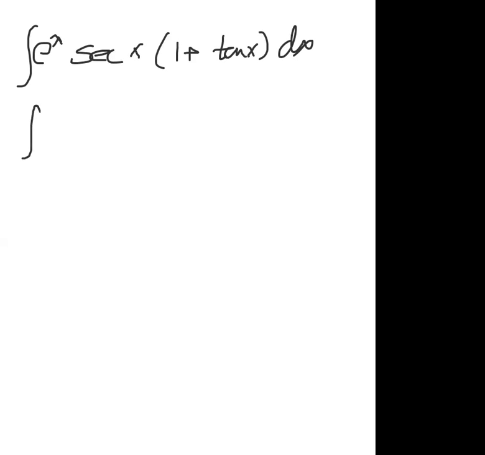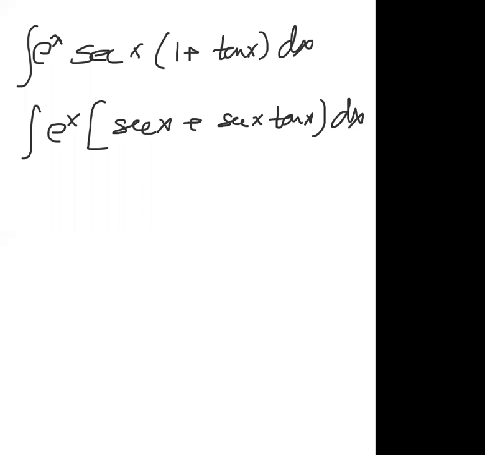It will become integral e to the power x, sec x plus sec x tan x, dx. Now see, the derivative of sec x is sec x tan x. So the answer will be e to the power x sec x plus c.